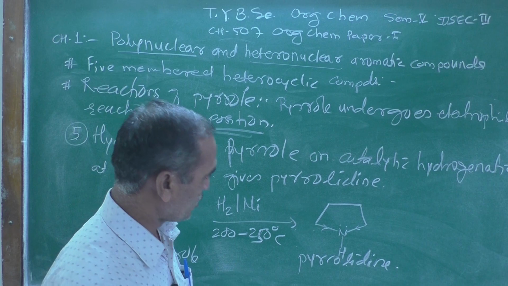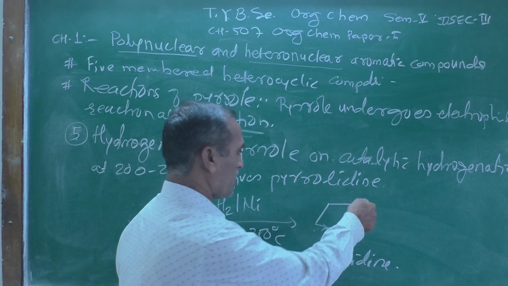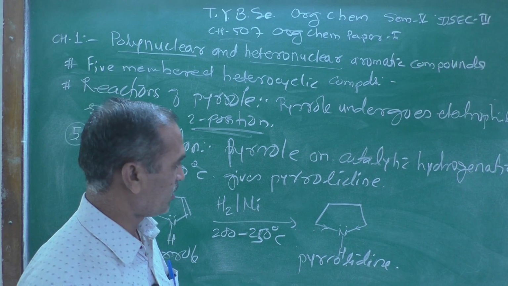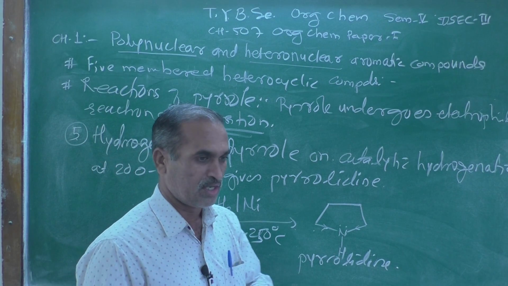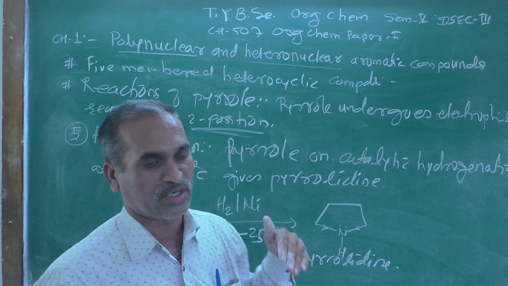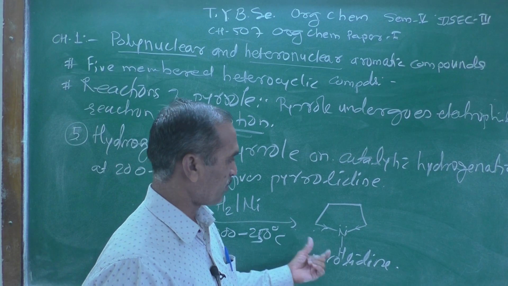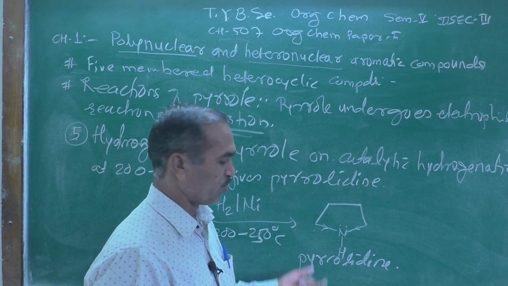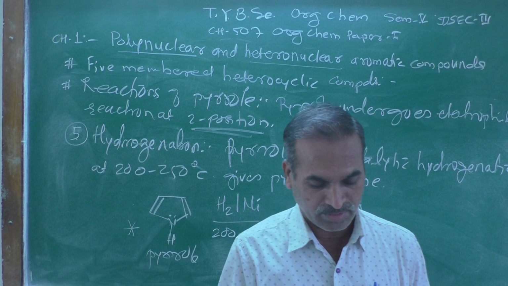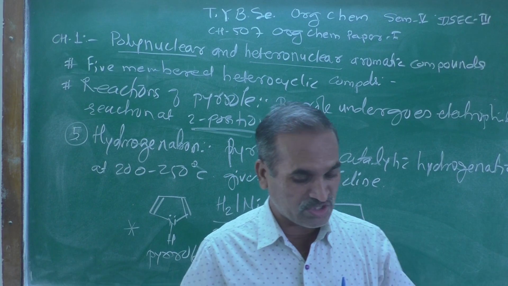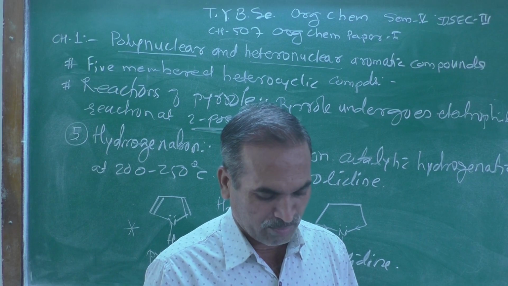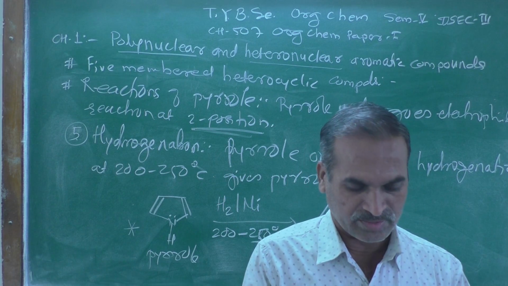Nitrogen already has a lone pair, and along with that the alkyl groups also give electron density to that nitrogen, and the rate of donation of that lone pair is tremendously increased in that structure. Therefore pyrrolidine is more basic in nature than pyrrole. Pyrrole does not show basicity at all because it is an aromatic compound, whereas pyrrolidine is basic in nature, it is a strong base.